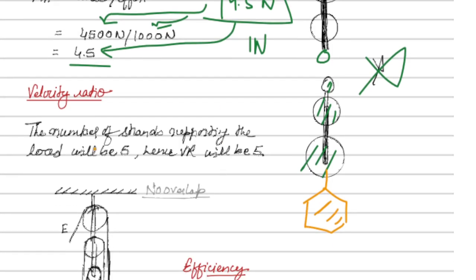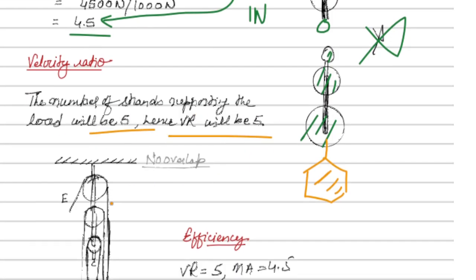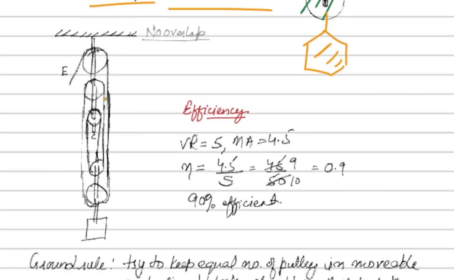Okay, so what we will do, the number of strands supporting the load will be 5. Let's see how we are drawing the diagram. So here are 5 pulleys, 1, 2, 3, 4, 5. See, I have kept 2 in the lower one and 3 in the top one, not the other way around, right? And we started from here. Let me put a tackle if we have understood like 3 and 2, and then how to put a tackle.